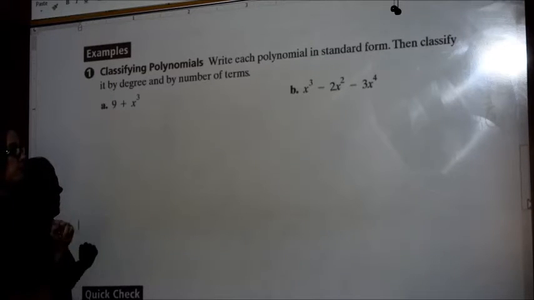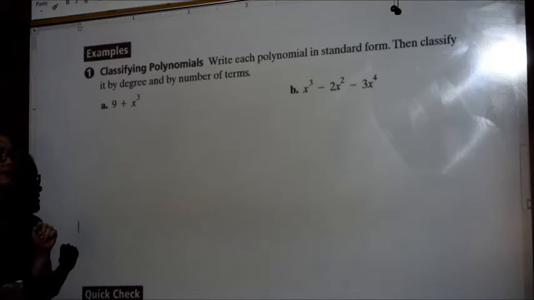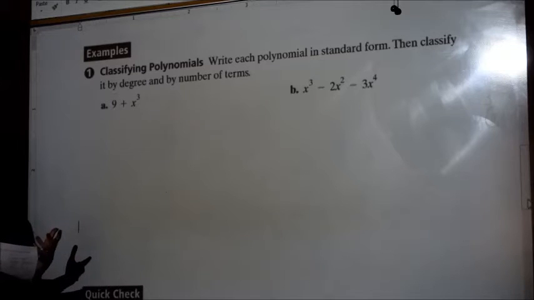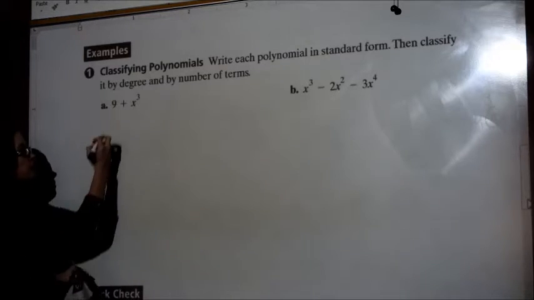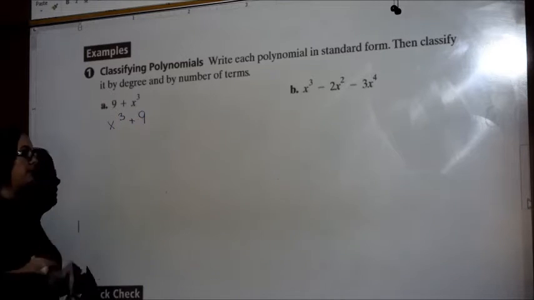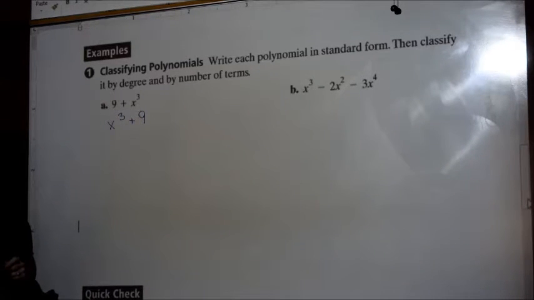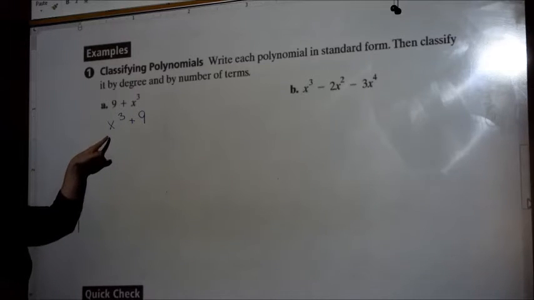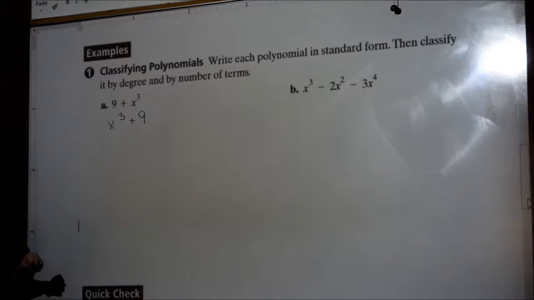Here, for problem A, we're going to deal with 9 plus x cubed. We're going to rewrite this in standard form. We're going to put x cubed plus 9. Again, to put these in standard form, we put them in descending order by the largest degree.